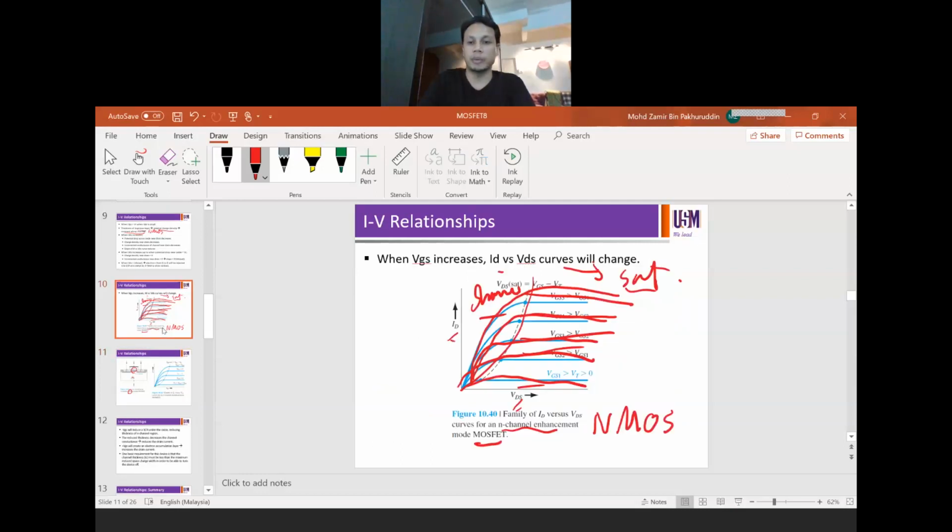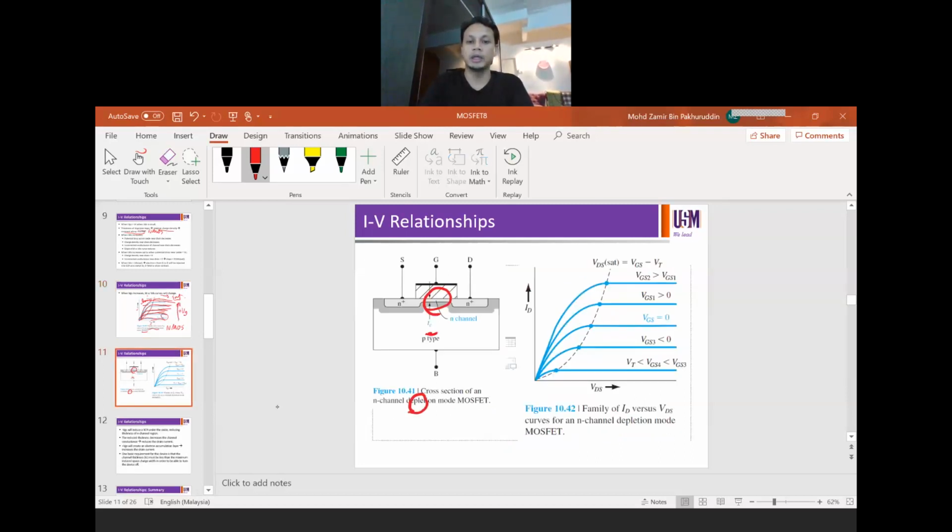For example, if we compare N-type enhancement and depletion, you can see here that if you go to a higher VG, higher than VT, you go up, so your curves are going to be higher than the previous one.